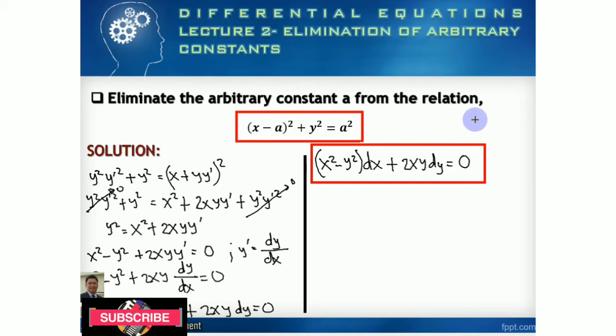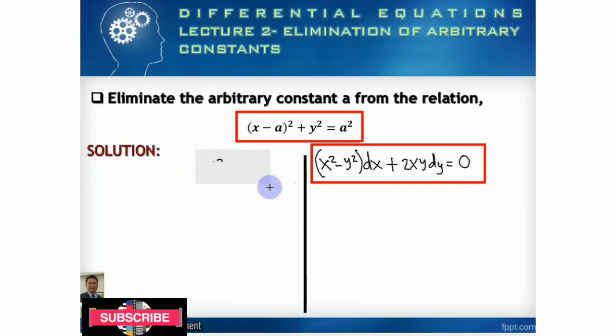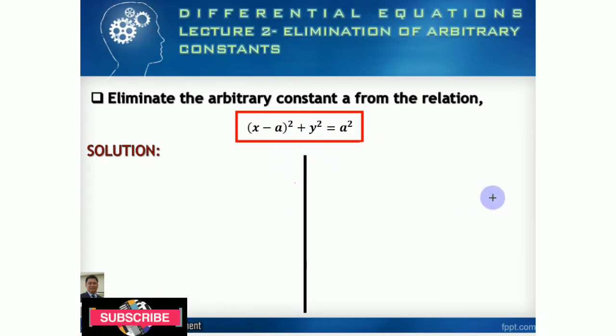Actually, now I'm going to show you an alternate solution for this one, arriving at the same answer with this x squared minus y squared quantity dx plus 2xy dy equal to 0. So I will show you here the alternate solution for this problem. Here we have the given relation.